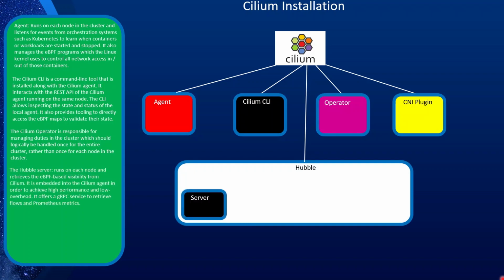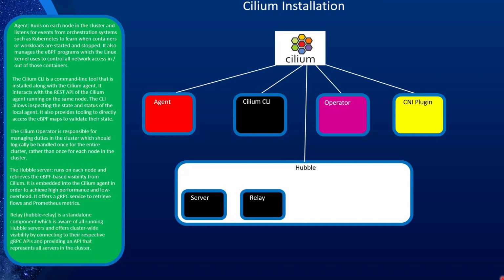So the Hubble server runs on each node and retrieves the eBPF-based visibility from Cilium. Relay is a standalone component which is aware of all running Hubble servers.